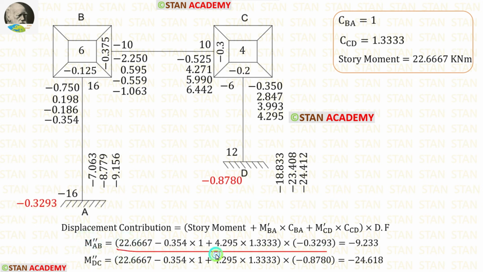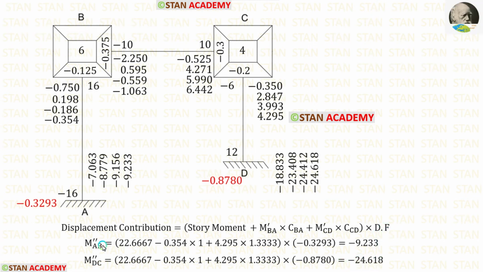After the calculation, we are getting M double dash AB. The displacement factor for the column CD is minus 0.8780. After the calculation, we will get M double dash DC. Let us apply both of them. Now we have finished the fourth iteration.